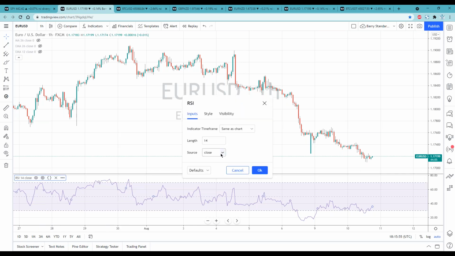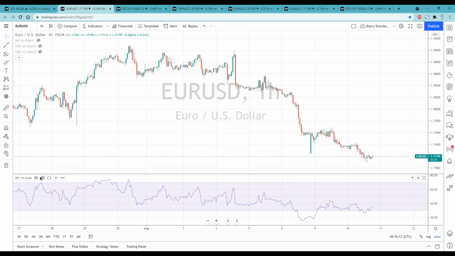RSI works great if you use the 14 plus the OHLC, the open, the high, the low, and close divided by 4. Or you use an EMA of the price. None of this really works that well. This is just computer guys giving you lots of choices. Stay with the close.